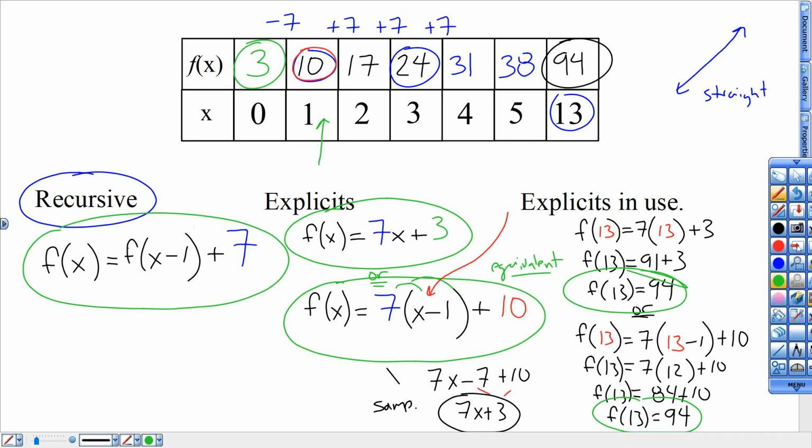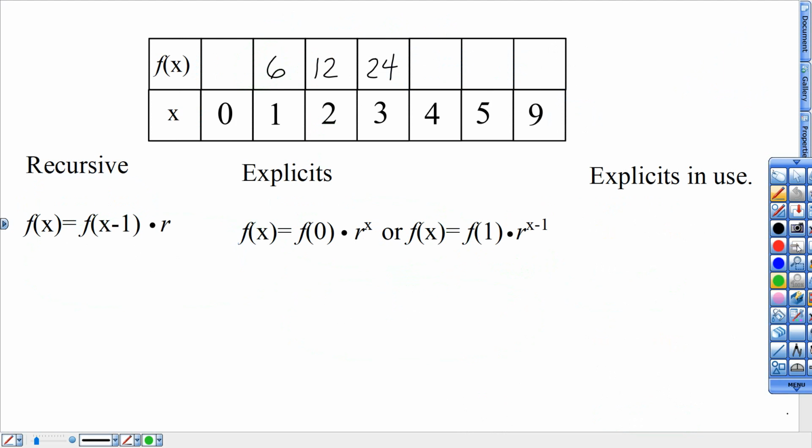All right, last one here is the geometric one, knowing that this guy is timesing by 2. Oops, do that in red. That is my common ratio number I could put right here.